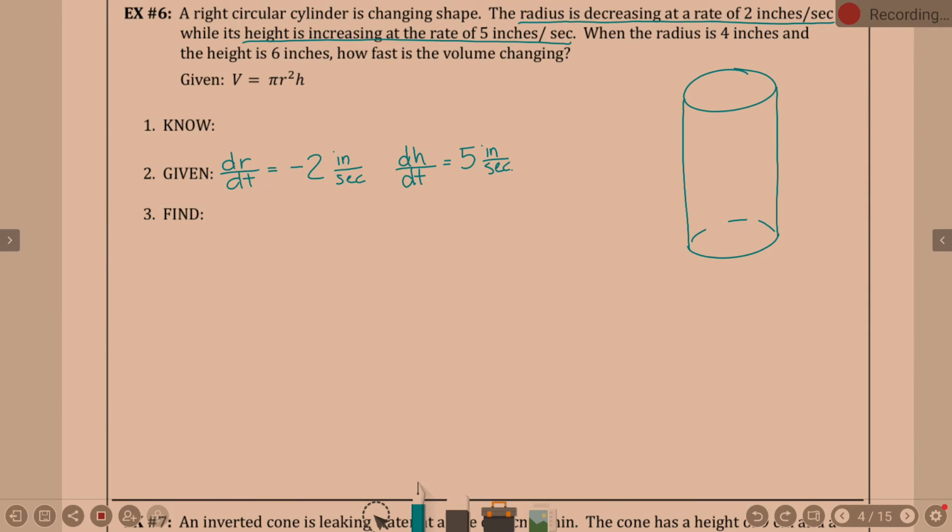When the radius is 4 inches and height is 6 inches, how fast is the volume changing? So when they say how fast is the volume changing, we're looking for dV/dt. When R is 4 and H is 6.